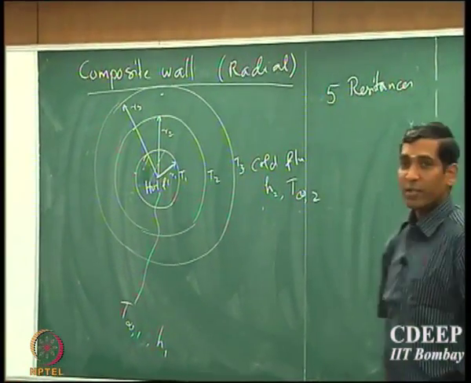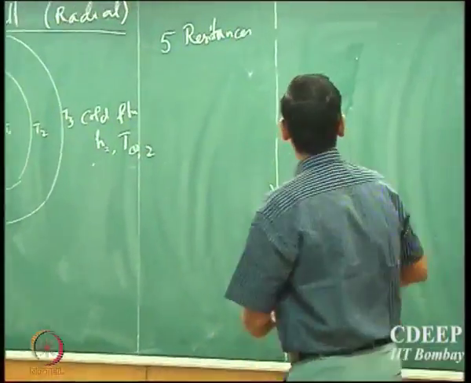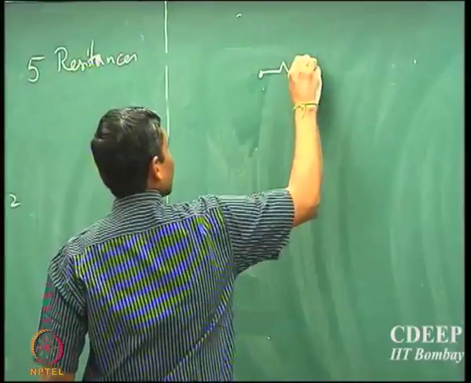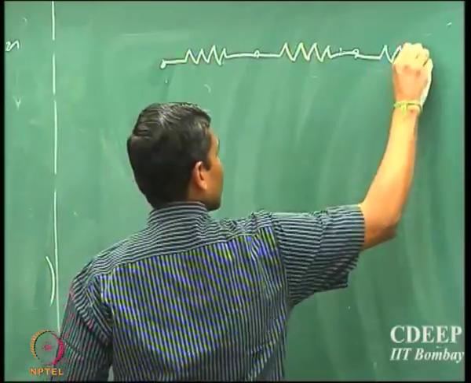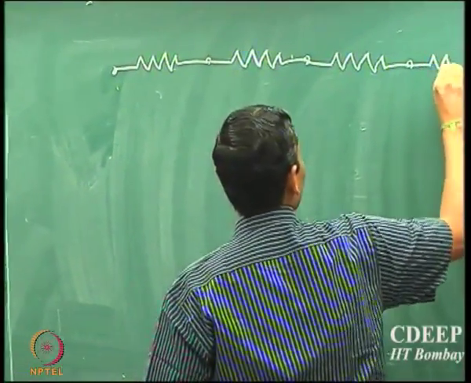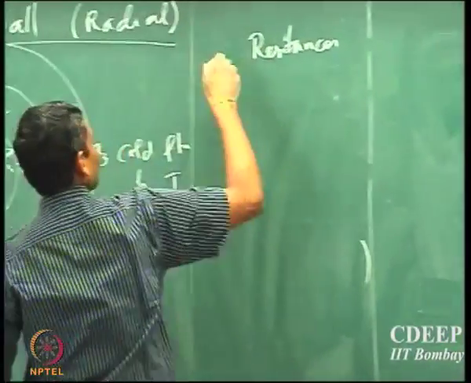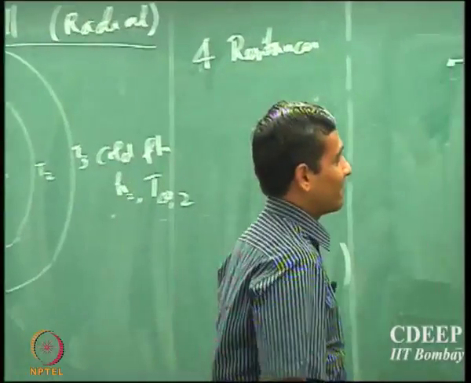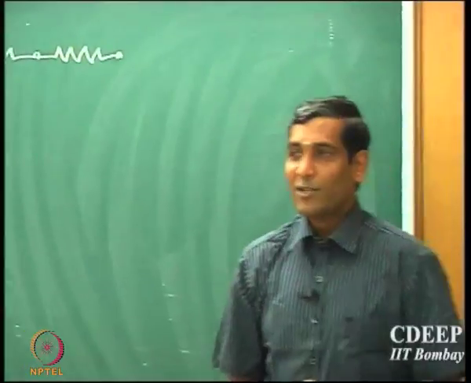What are the 5 resistances? How many are there? 4 or 5? 4. I'm glad you're all awake. It's 4. Very good.